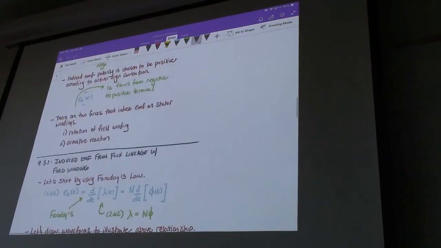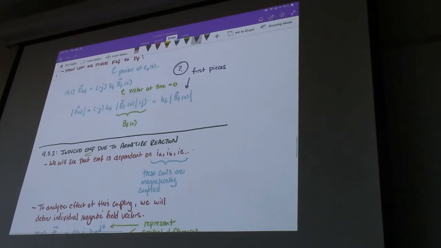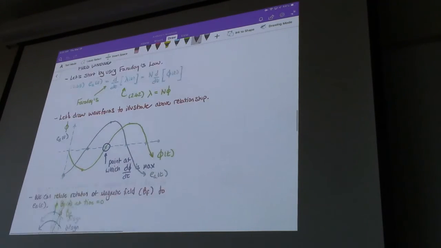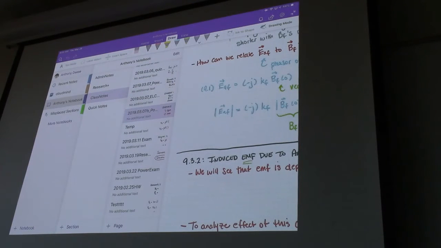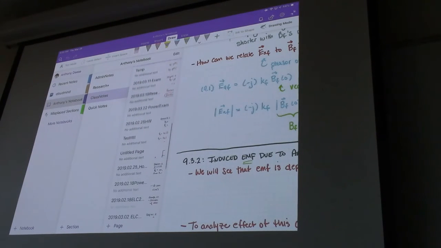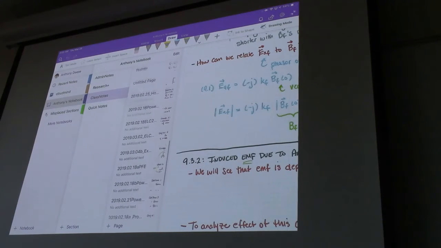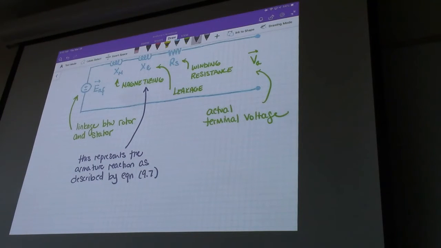Section 9.3.1 talked about the induced EMF due to the flux linkage with the field winding, and that was equation 9.1.